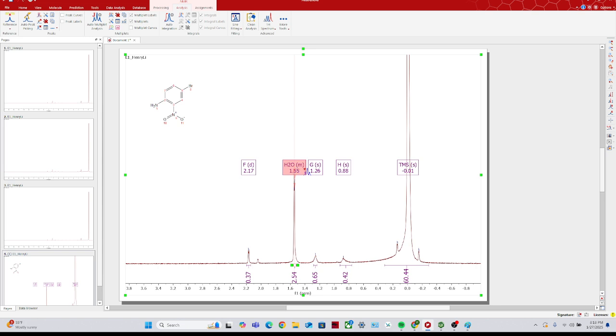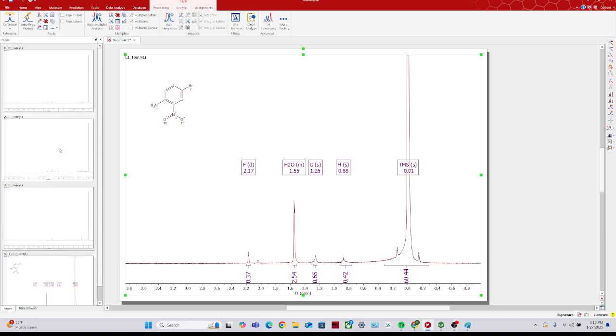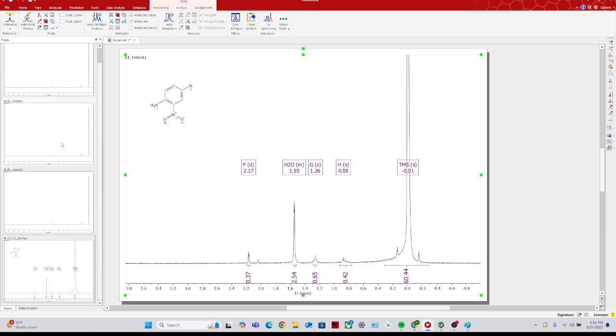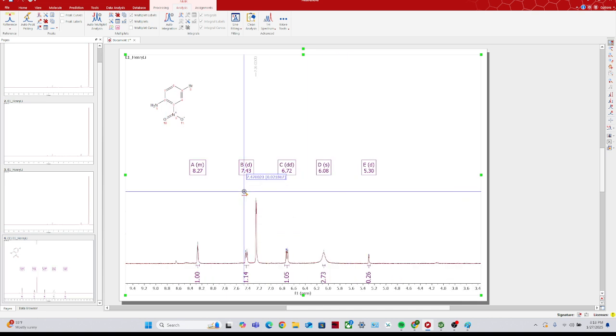And so whatever you do, you just click on this big purple box, go to the name, and call it water. You don't really have to worry too much about it. Again, this is not my spectra, so don't use this as an end-all, be-all. I don't even think this is pure, but that's how you label NMR peaks.